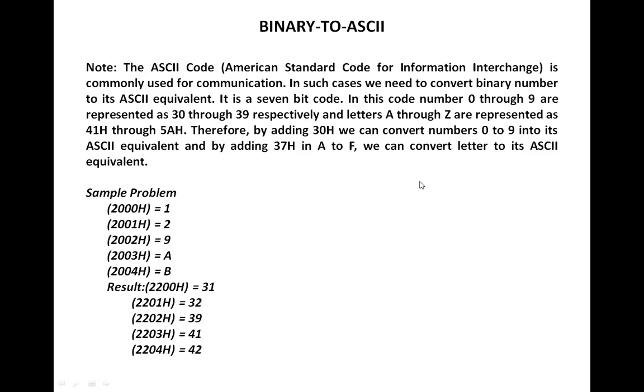And these combinations are assigned to the different alphanumeric characters, right from every numeral from 0 to 9, as well as the English alphabets from A to Z. Along with that, some more symbols which are used for the communication purpose.